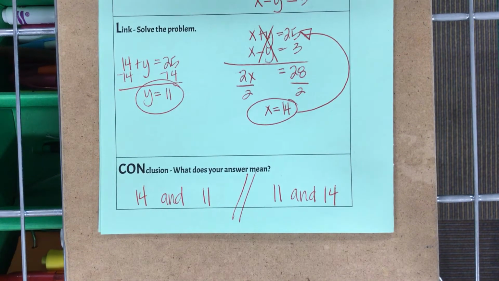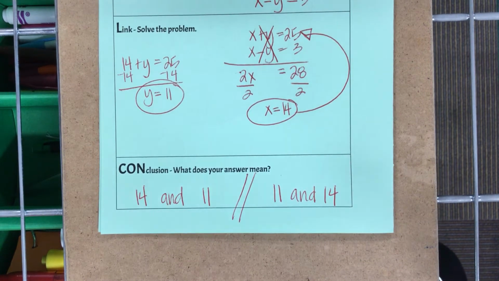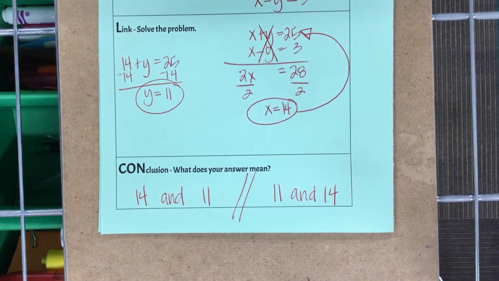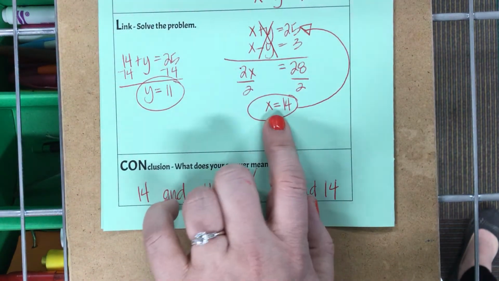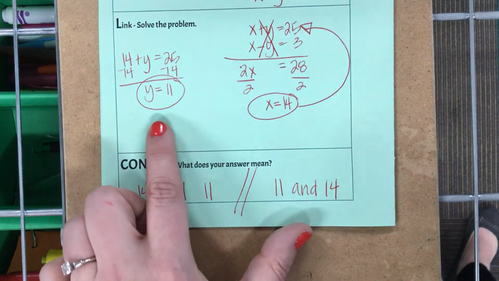When we do a system like we've done before, did you have to put them in the right order? Yeah, you did. One of them was an x value and one of them was a y value. But here, it's not really an x value, and it's not really a y value.